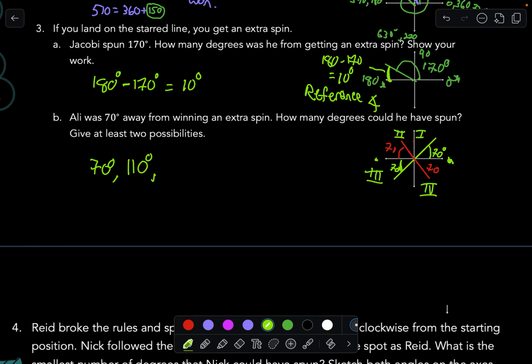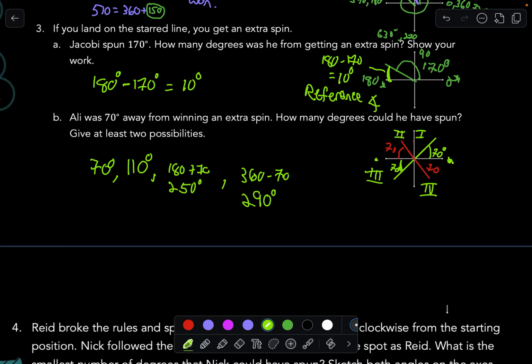And that is 250. You could also have landed over here, which is 360 minus 70, which is, I believe, 290 degrees.